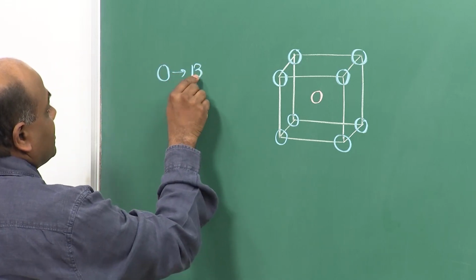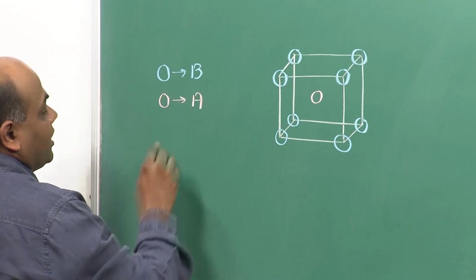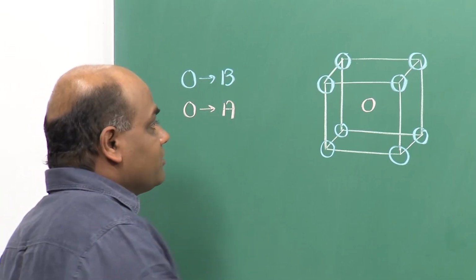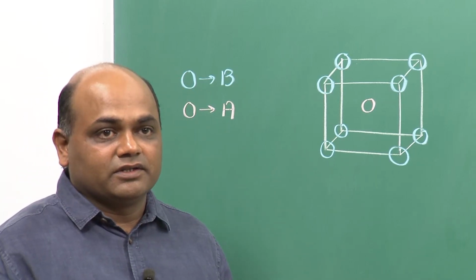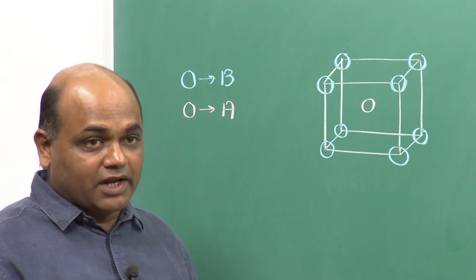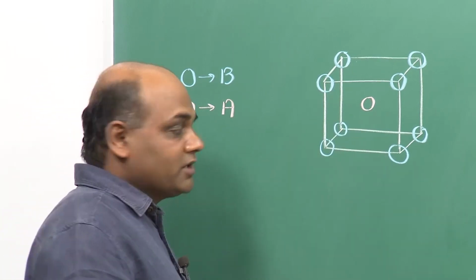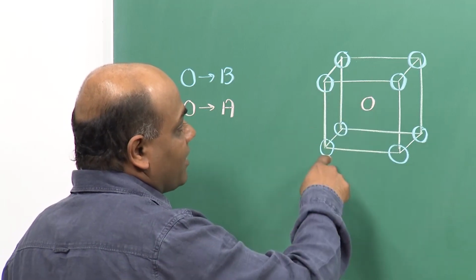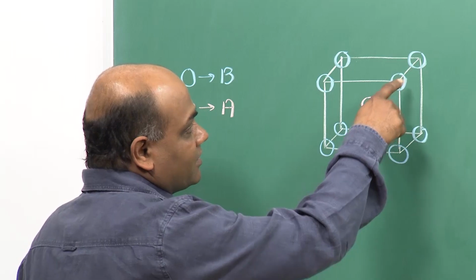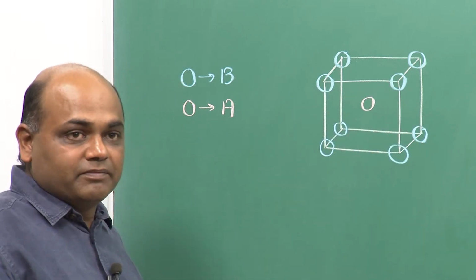This is B, this is A. Each of A and B forms its own sublattice, which is of the simple cubic type. In this particular cube, it is very easy to see the simple cubic sublattice of type B, because all the corner atoms are occupied by type B.